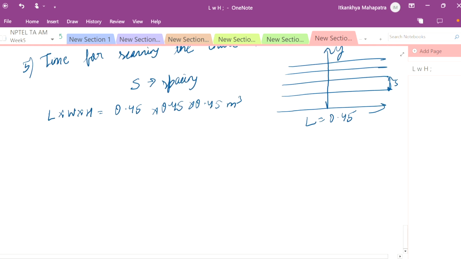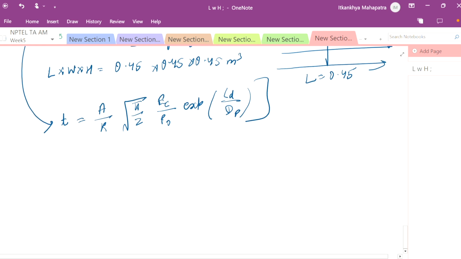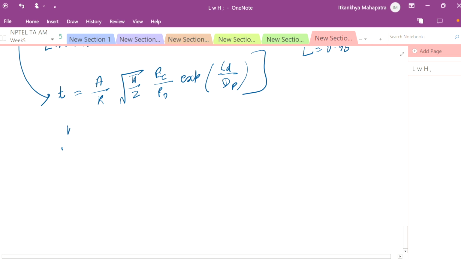Now the formula for the scanning time is T equal to A by K root over of pi by 2 into EC, which is the exposure, and P0, the power, CD the curing depth, and the penetration depth. A is the area, and we have a term K, which is related to spacing.